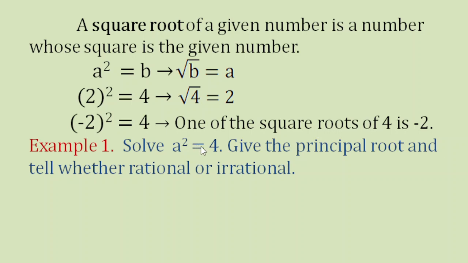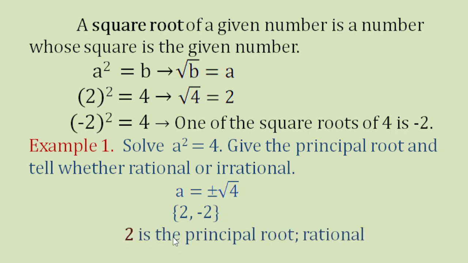Since we already know that a number has 2 square roots, one positive and one negative, we can write a equals the positive and negative square root of 4. Here the values of a are 2 and negative 2. And this positive number 2 is our principal root. And of course it is rational.